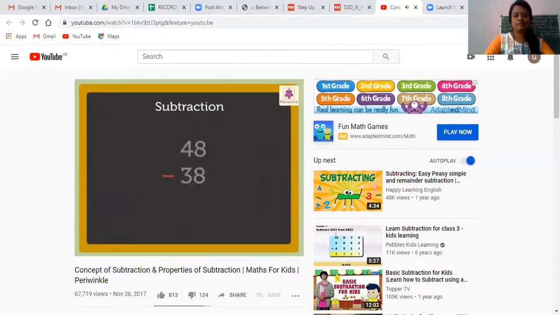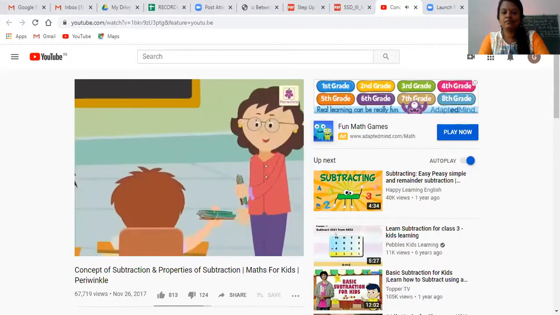I will have to subtract 38 from 48 to find the number of pence left with me. 8 minus 8 is equal to 0. 4 minus 3 is equal to 1. Thus, the difference between 48 and 38 is 10. There are 10 pence left with me.